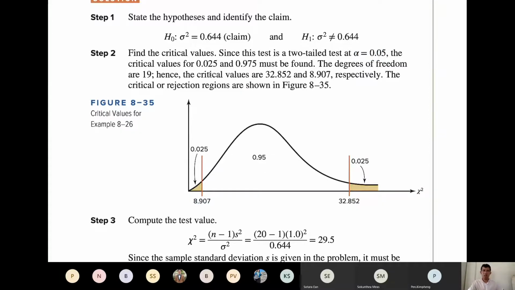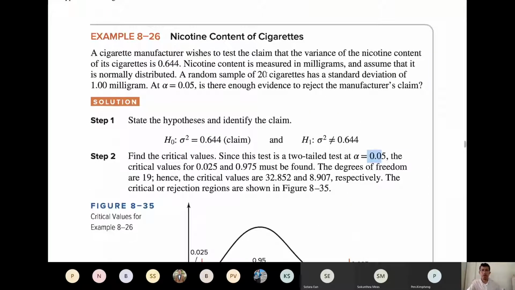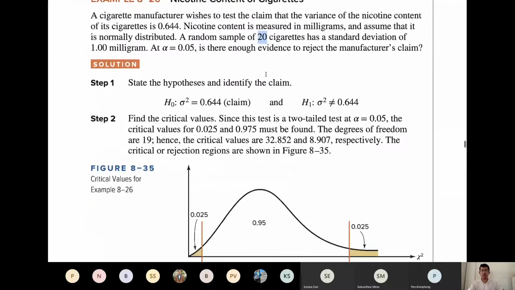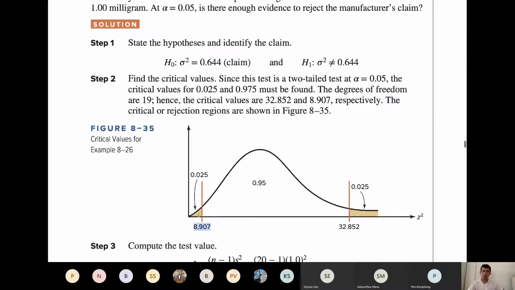Again, using the degree of freedom of 19, because we have a sample of 20 cigarettes, the sample size 20, the degree of freedom in this case is 19, and using this significance level for the two-tailed test, we come up with these critical values, right? So in this case, the rejection region is to this or this, right?